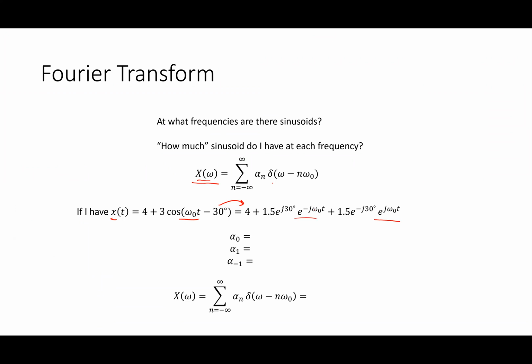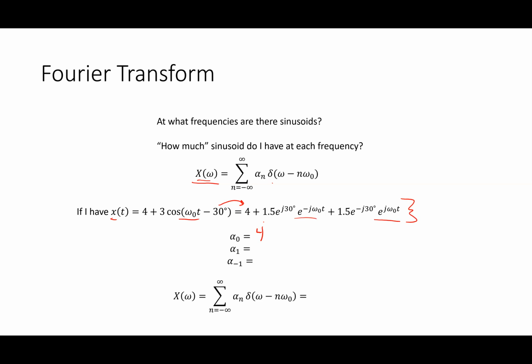Looking at that, what are my alpha naught, alpha 1, and alpha minus 1? For that particular waveform, what are these numbers? What's my alpha 0 term? It's 4.